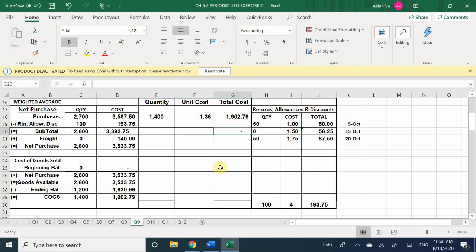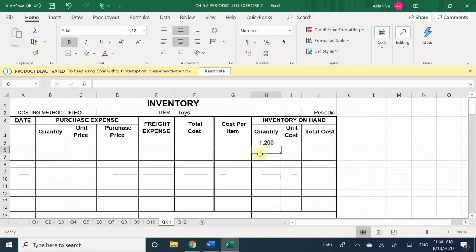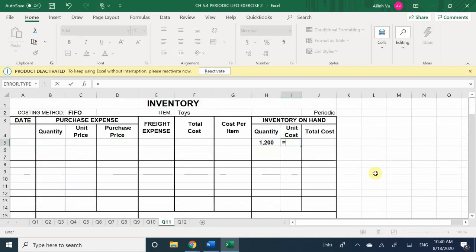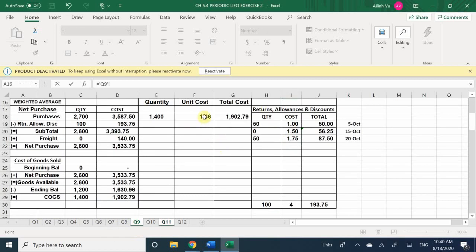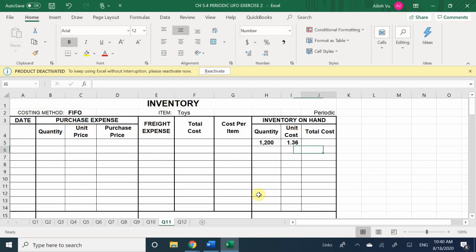Let me clear that out. 3591333. Exactly. So let me go back to my exercise 11, and I'm going to cell reference this right here. And what is my total going to be if I were to do that?